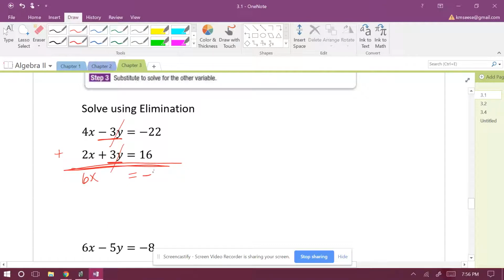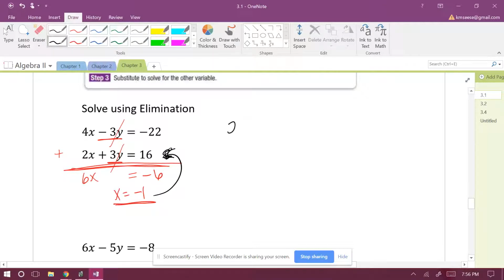All right, so what I have now is x equals negative 1. I can now use this x equals negative 1 in either equation, it does not matter which one, to solve for y. I'm going to plug it into this one here.